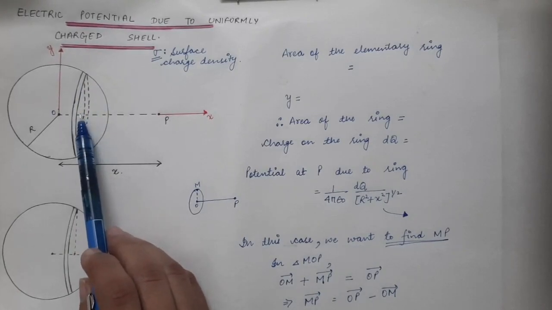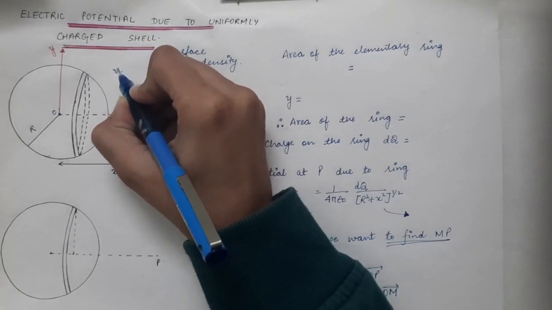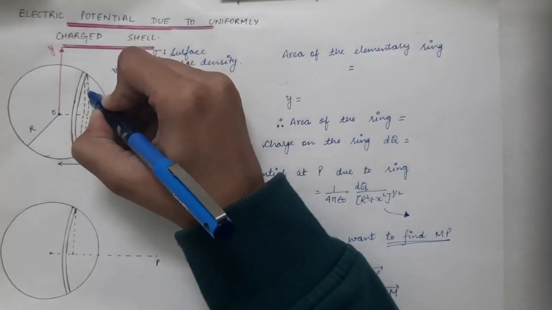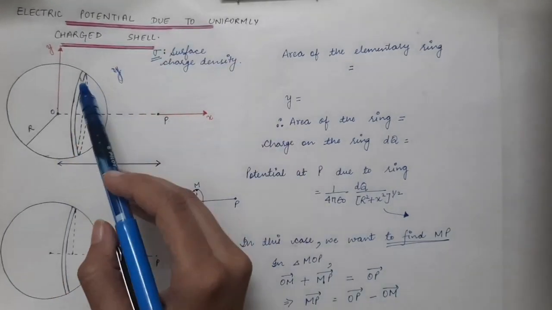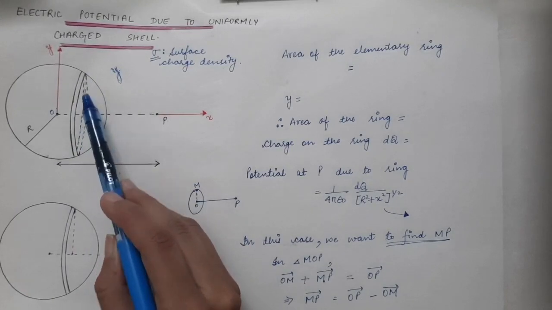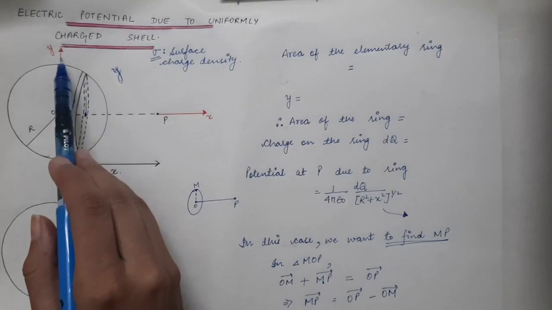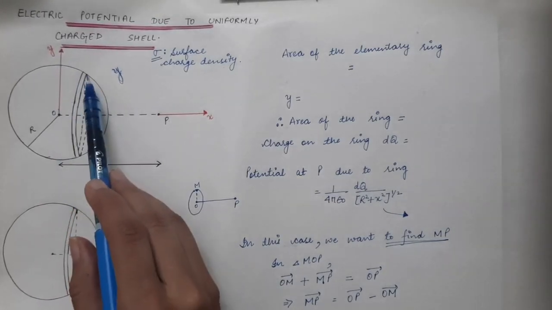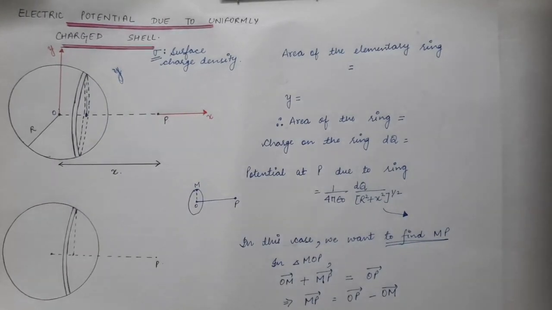Let's say the radius of this ring is equal to small y. Radius is nothing but the distance from the circumference to the center of that loop, and this length is parallel to the y-axis. So let's consider this radius equal to small y.